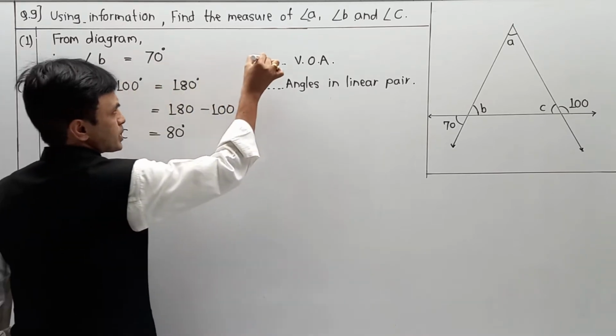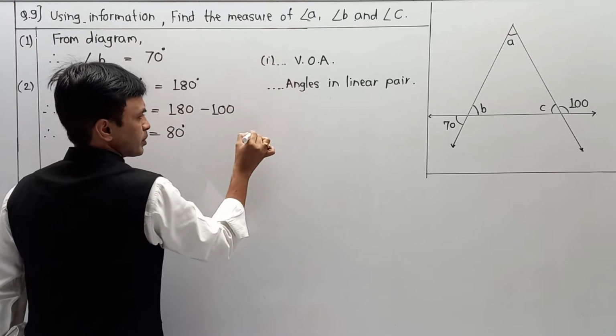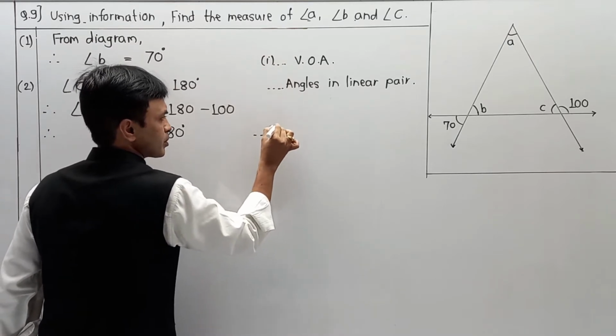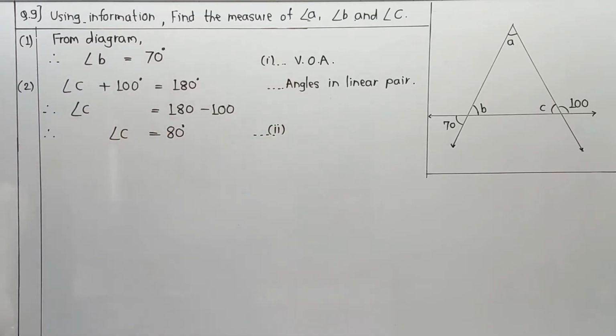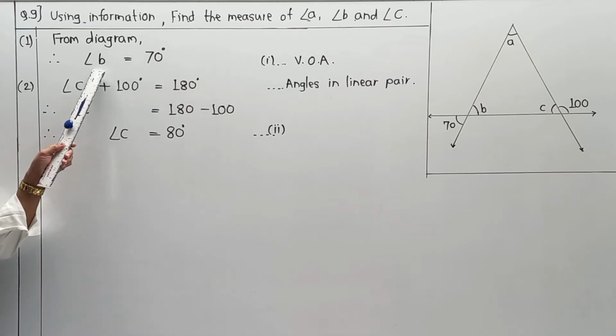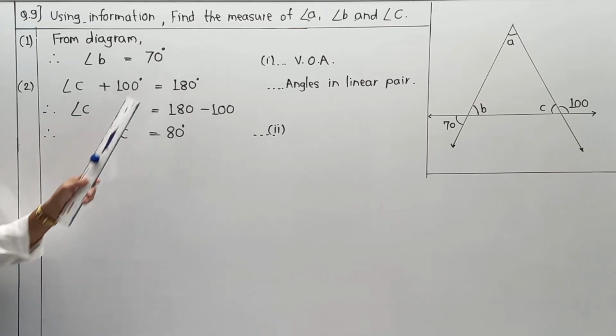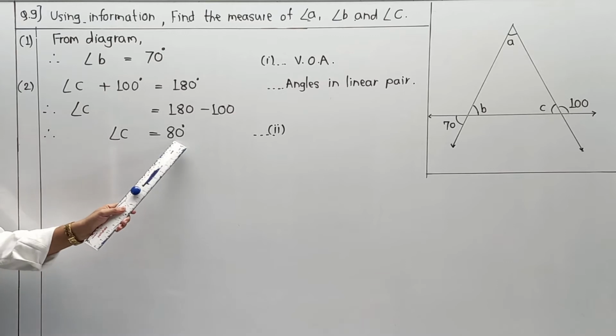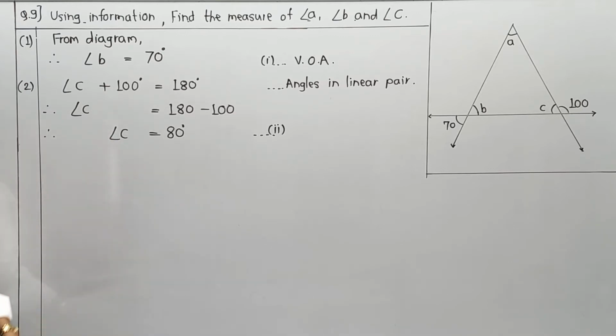Now this is our first answer, so I am going to indicate it as equation number 1. This is the second answer, so I am going to indicate it as equation number 2. Now as we have the value of B, 70 degree, and the value of C, 80 degree, we are moving to angle A, where angle A, angle B and angle C form one triangle.